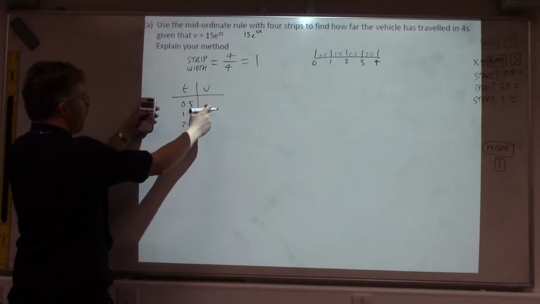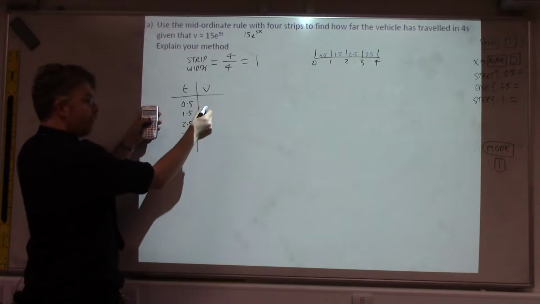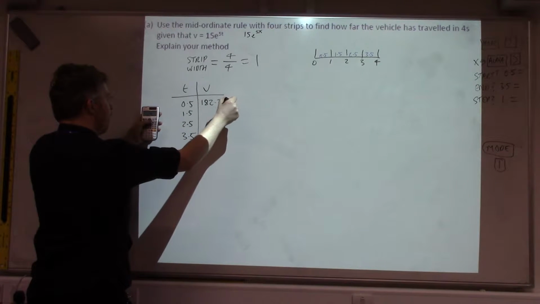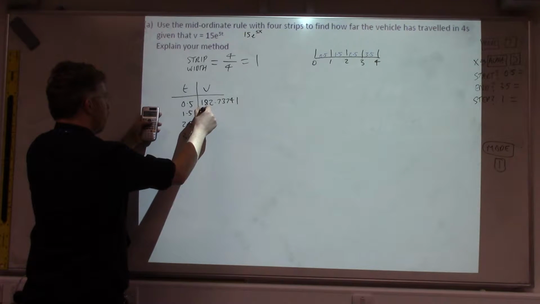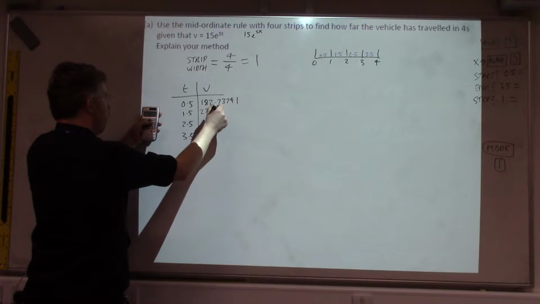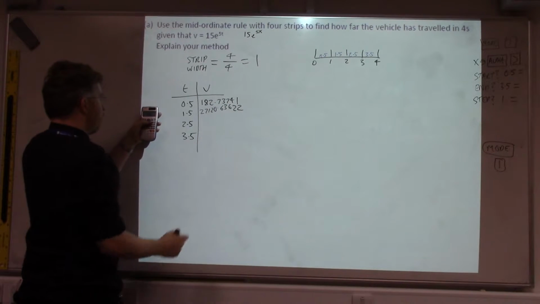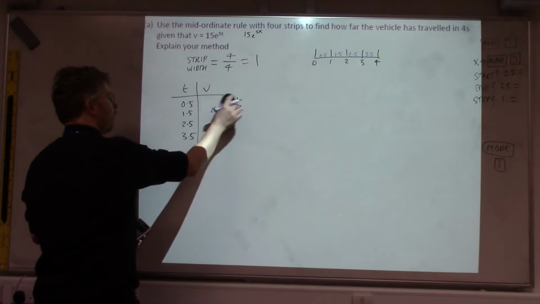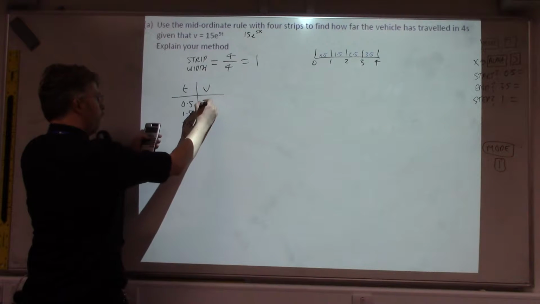So we've got 0.5. We're given answers to 5 decimal places, to give our final answer to 4 decimal places. Actually, looking at this, we're not going to be able to do 5 decimal places, so we're going to use the whole number that we can.